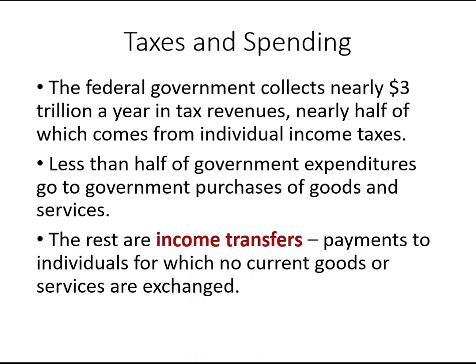For instance, the state police drive cars and vehicles, and all the personnel need to get salaries. Those spending items are considered government purchases. They purchase from the labor market, hiring employees, and from the product market, buying vehicles, office supplies, and so on. So purchases are easy to understand.